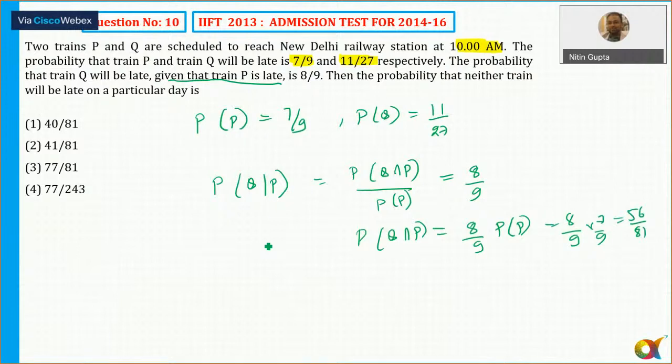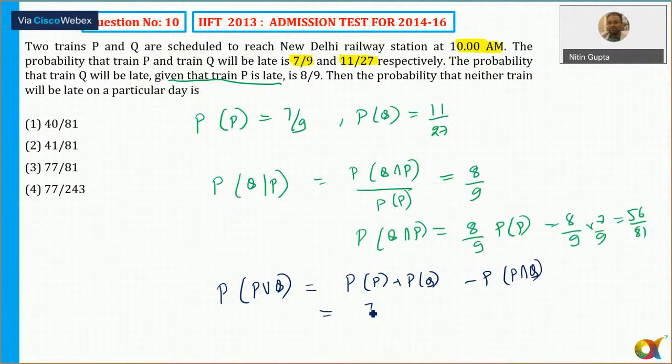Then the probability that neither train will be late, that none of the trains will be late. Okay, so first of all I know these values.